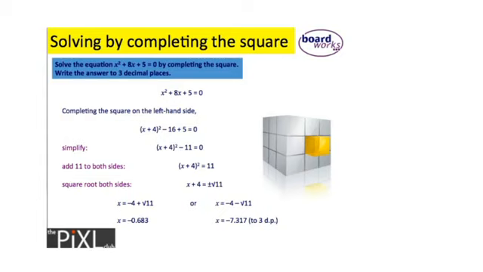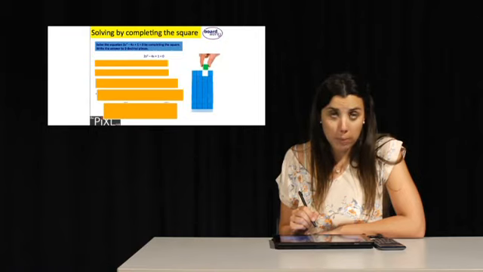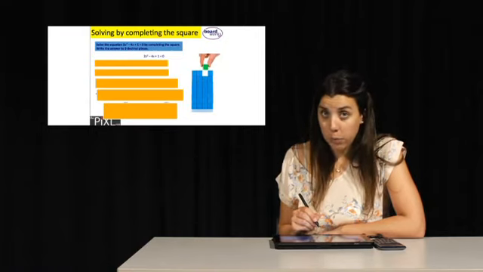Again, pop that into your calculator. 11 is not a square number. Therefore, you will get a decimal solution here, minus 0.683, correct to 3 decimal places. And the other solution is also negative 7.317.